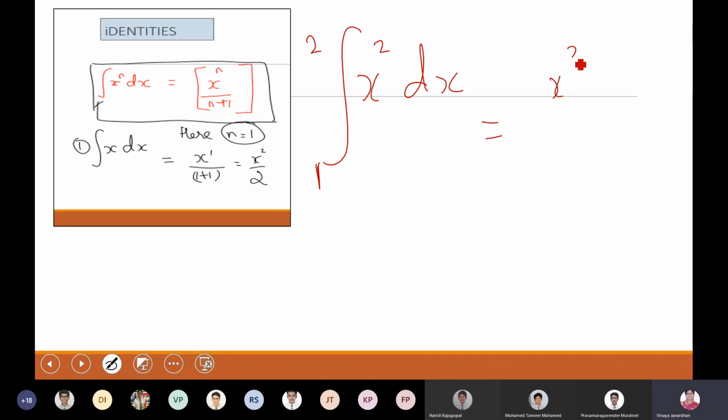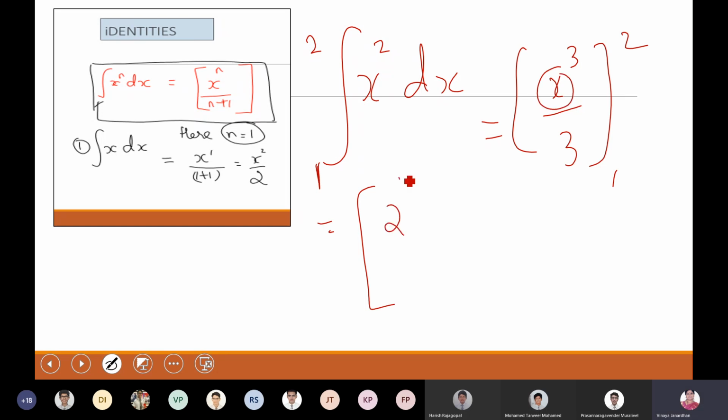So x cube by 3, correct? So this is 1 to 2. x will take the upper limit first. So what is 2 cube?